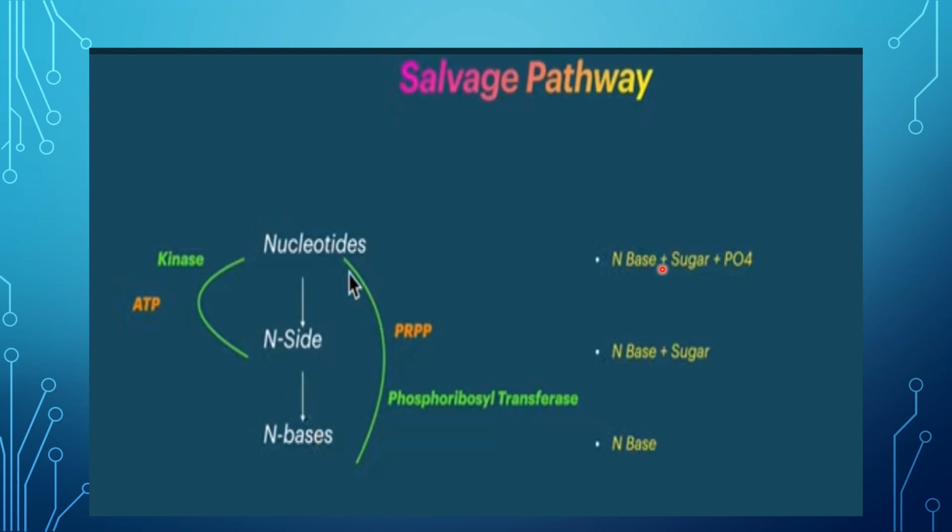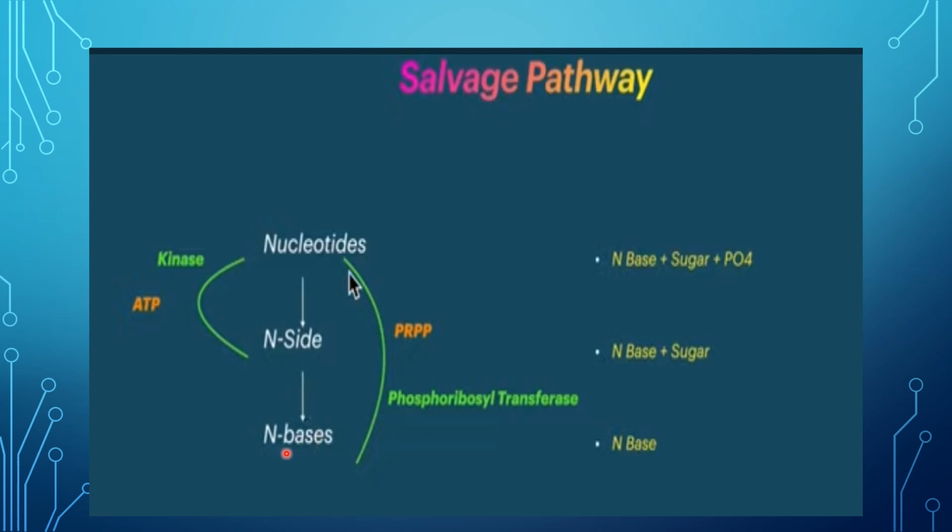When it is broken down into a nucleoside, the phosphate group is released and only the nitrogenous base and sugar remain. With further breakdown, the sugar molecule is released and only the nitrogenous base remains. So the body utilizes these nitrogenous bases and nucleosides and again resynthesizes the nucleotides.